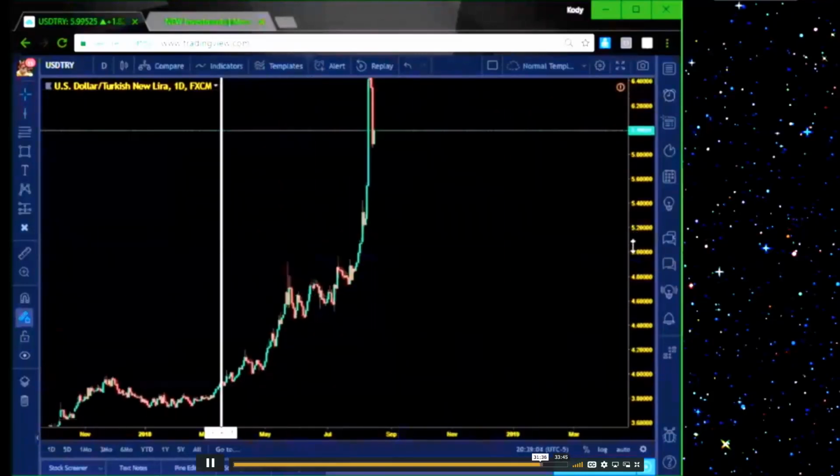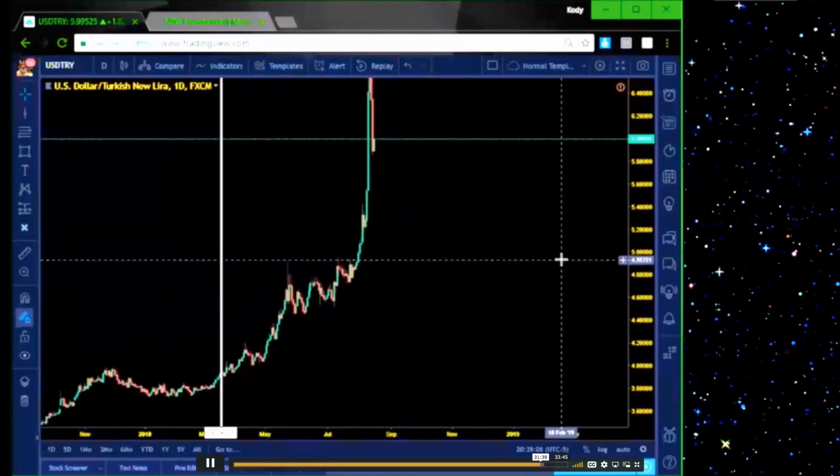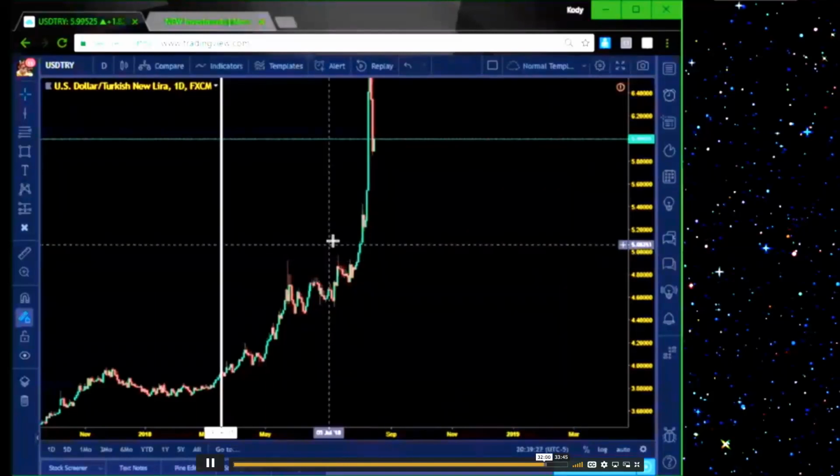USD Turkish New Lira has been a buy for 5 months. You can be the laziest trader in the world and have pulled this up and taken a buy trade anytime in the last 5 months, and you'd be up enough pips to go buy a yacht right now. So that's why I like USD Turkish New Lira.